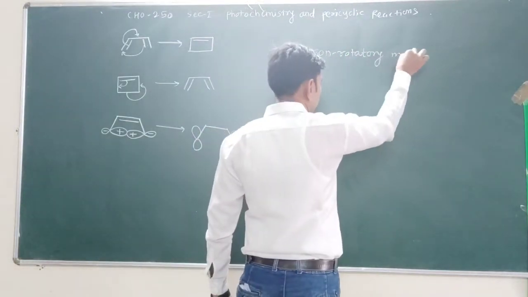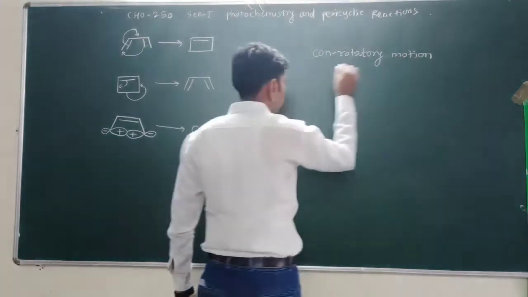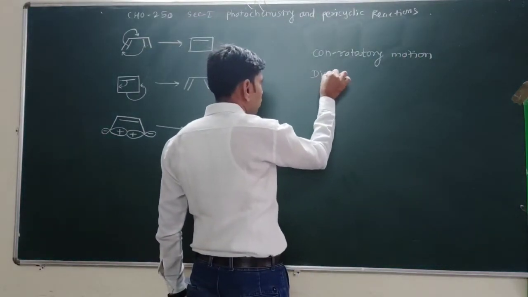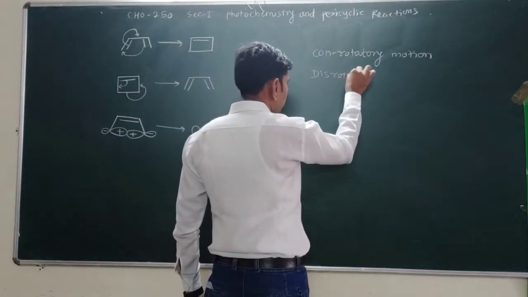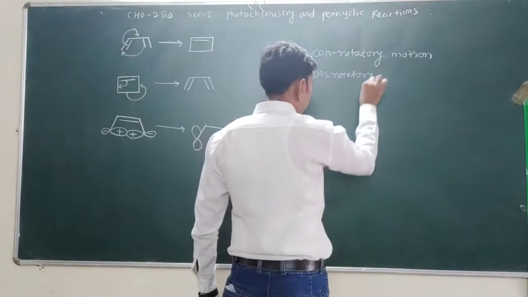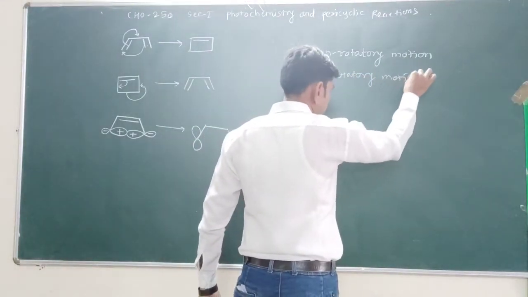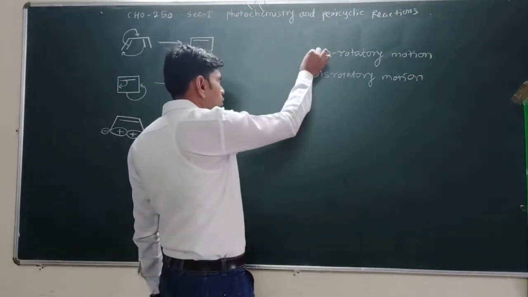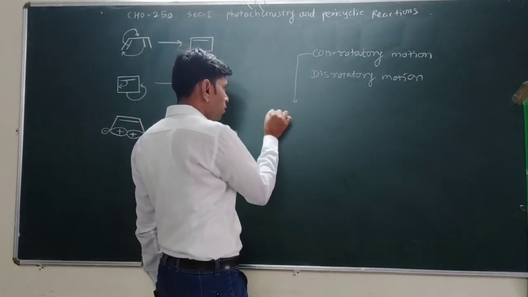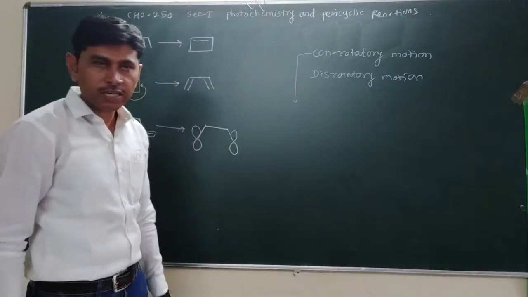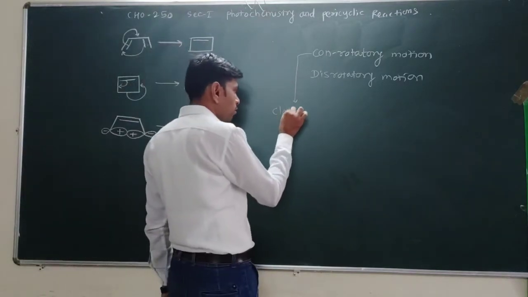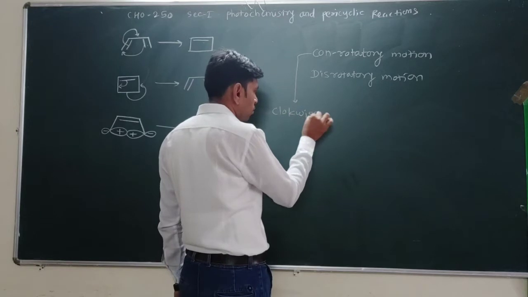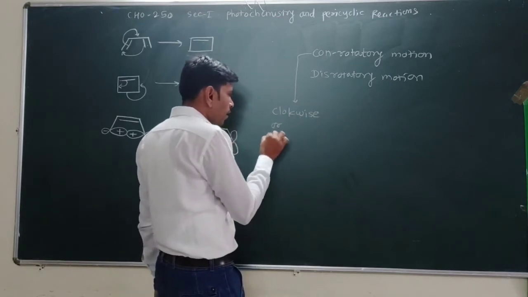Conrotatory motion and another is the disrotatory motion. See here, what is conrotatory motion and what is disrotatory motion. Conrotatory motion is when both orbitals rotate either clockwise or anti-clockwise.